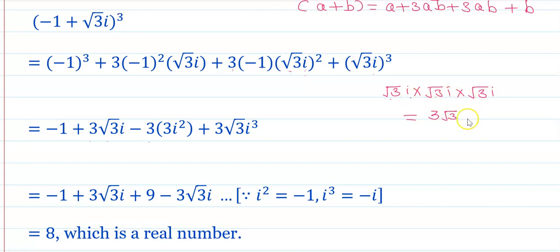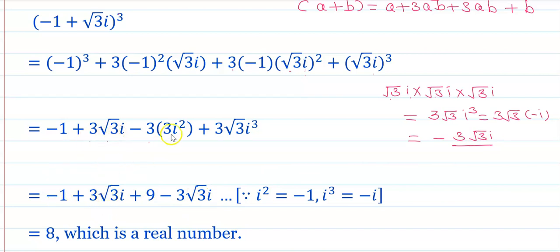Next, i into i into i, you are getting i cube. So 3√3, and i cube means minus i. Overall, you are getting minus 3√3i.